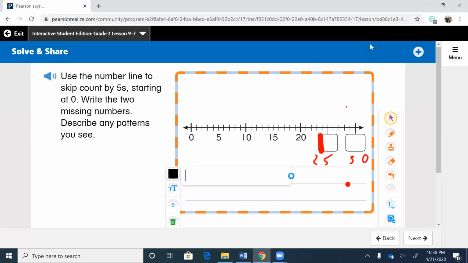So I will write, I noticed that when you count by 5s, the pattern in the ones place is 0, 5, 0, 5, 0, 5, comma, etc. Etc. just means it would just keep on going.